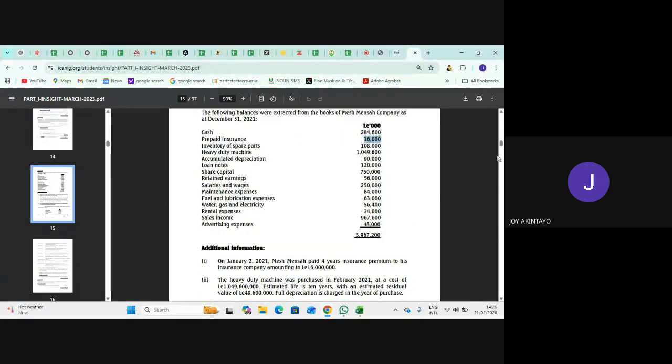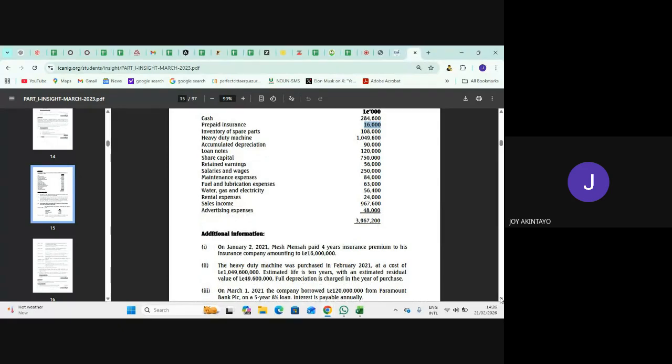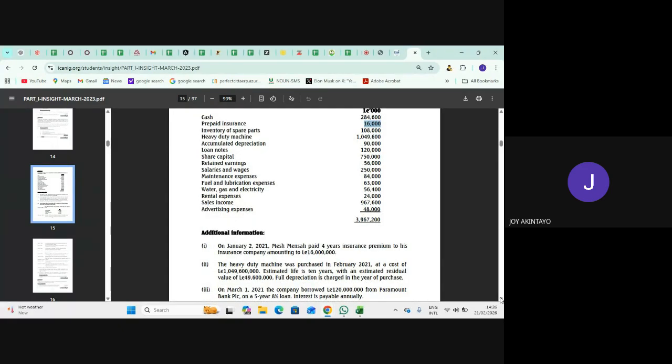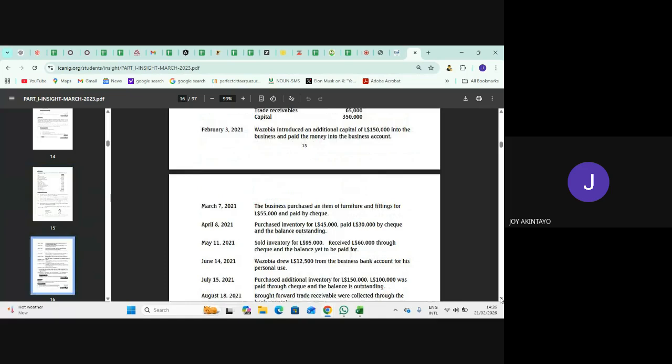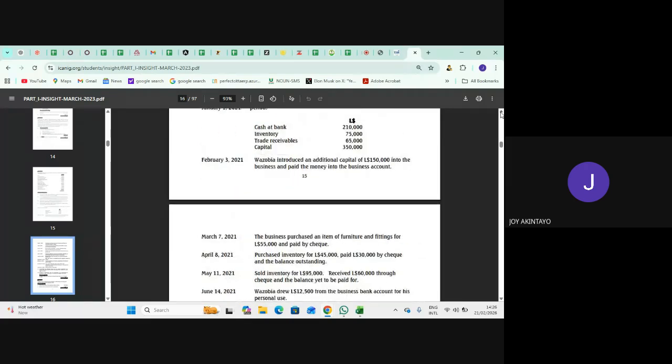Any purchases? Everything they've given says all purchases are debited to spare parts. So we don't have any issue with this. So we pick inventory at the beginning.